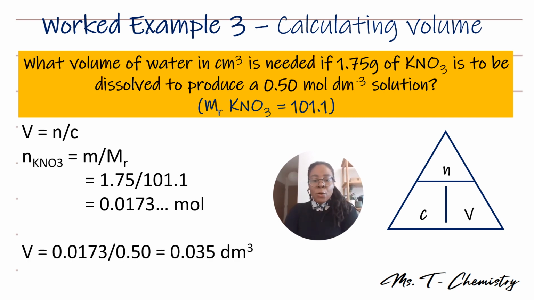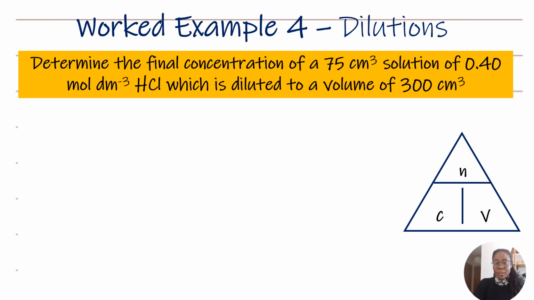Then to find our volume, 0.0173 divided by 0.50 gives 0.035 decimeters cubed. The question specifically asked, however, for the volume in centimeters cubed, so multiply that value by 1,000 to give 35 centimeters cubed.